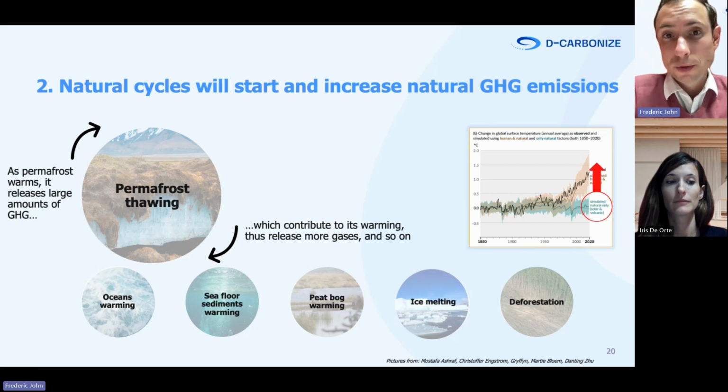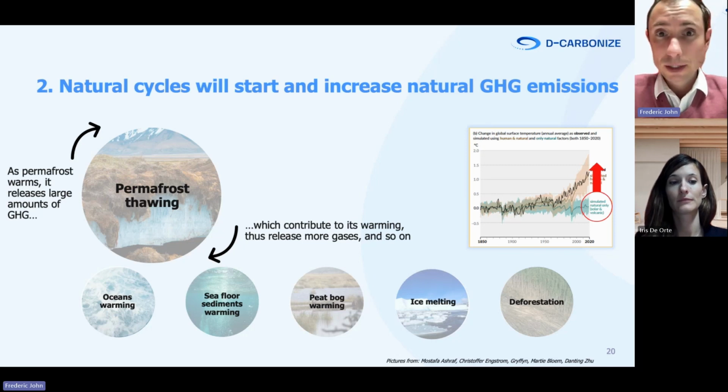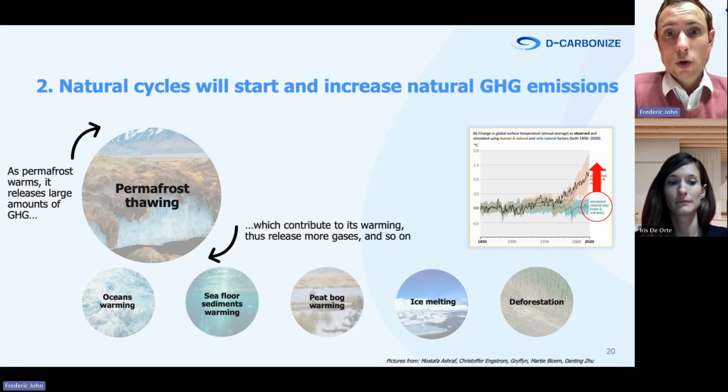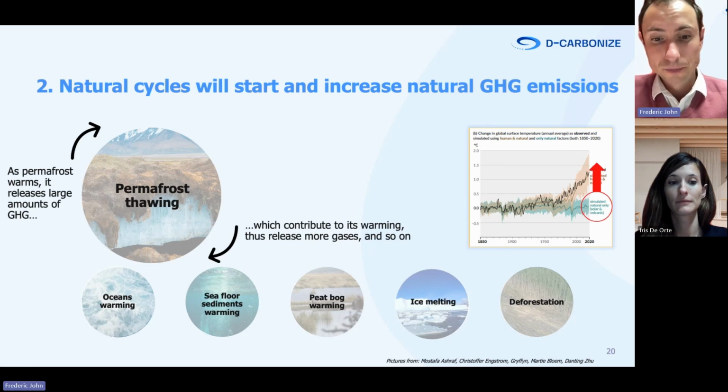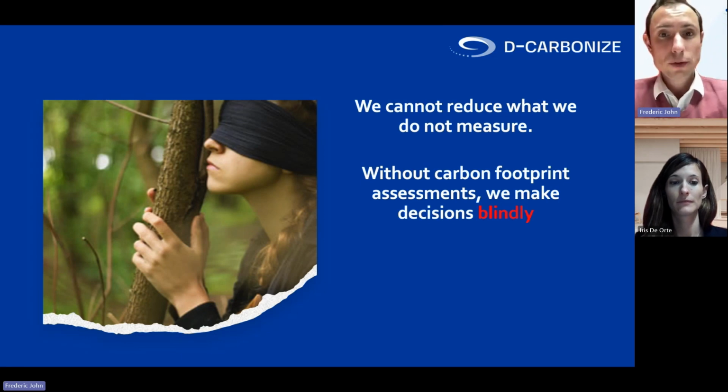Well, if we are above 2 degrees of global warming, this green line will increase. That's for sure. But by how much? Difficult to say. Some say that it can even go higher than the brown-orange line that represents greenhouse gas emissions from human activities.